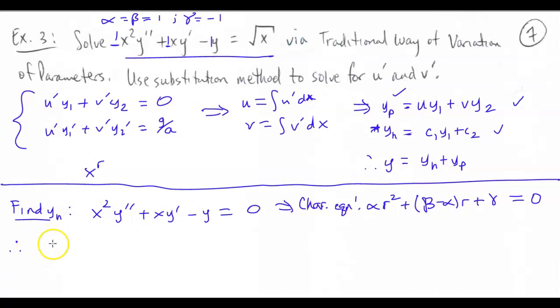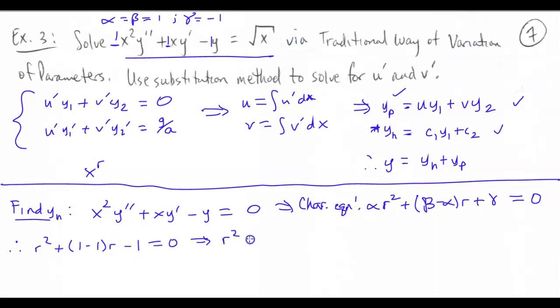So using that information here, we know that this is just going to be r squared plus our beta, which is going to be 1 minus alpha, which is also going to be 1. So that ends up just being 0. And our gamma is going to be -1.